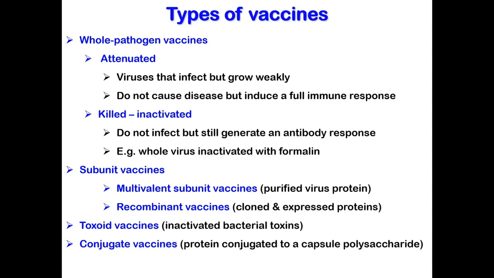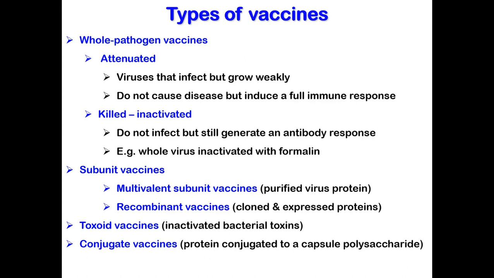And then the second type of the whole pathogen vaccine is the killed/inactivated vaccine. So these inactivated vaccines are made from viruses, bacteria that have been killed through physical or chemical processes, and these killed organisms cannot cause disease.